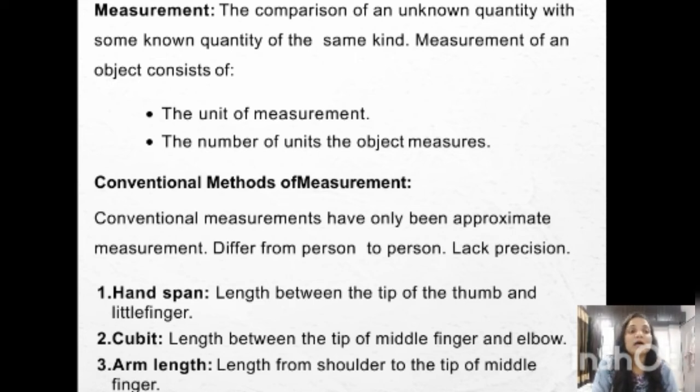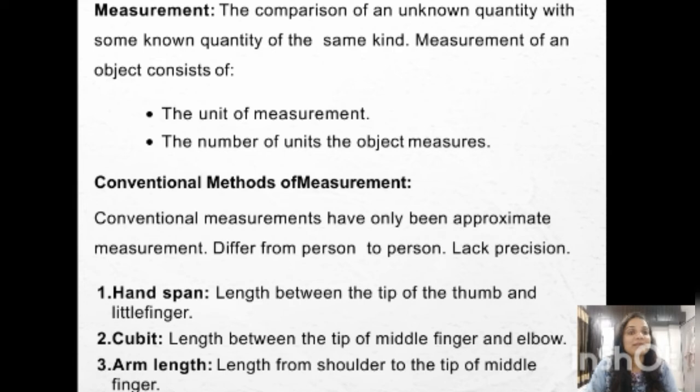Suppose a short person and a tall person are both asking for 1 meter of cloth. If the short person measures with the help of hand width like this way, it is different, and the tall person will measure like this way, it is also different. So it will differ from person to person, and lack of precision means it is not defined or accurate.